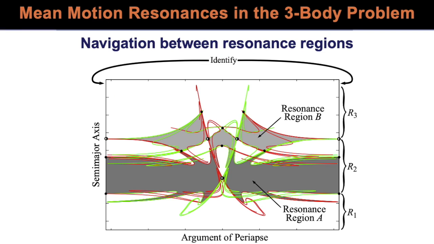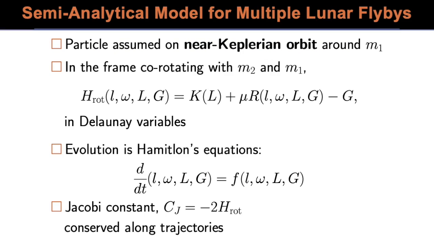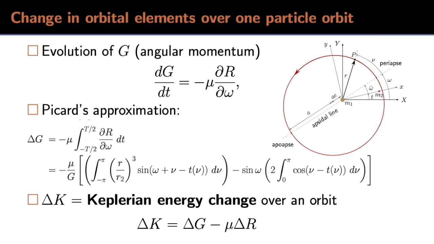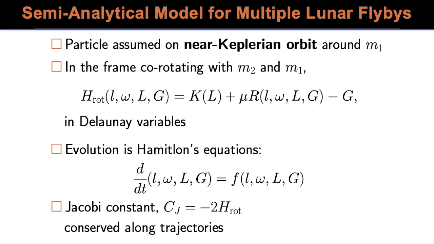And so you could look at multiple resonance regions and how they intersect, so that criteria that the overlap of resonance is what leads to chaos. Well, this is the sort of geometric engine behind it, and you can navigate between these resonance regions. I've done some work looking at a semi-analytical model for looking at multiple lunar flybys, where we look at the Hamiltonian, the rotating frame, but we use Delaunay variables.